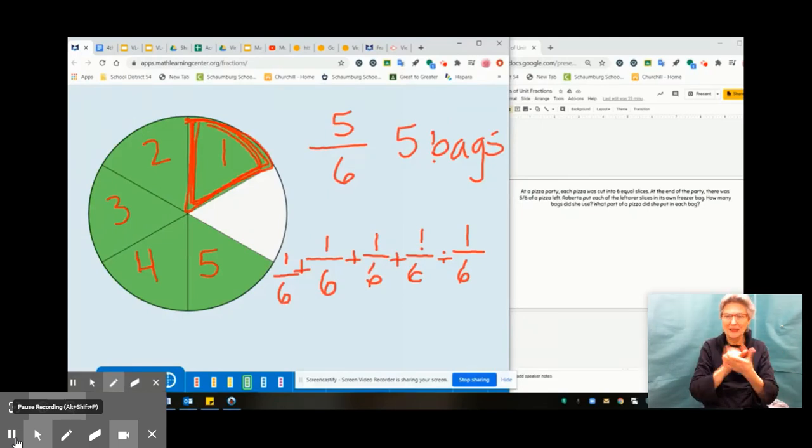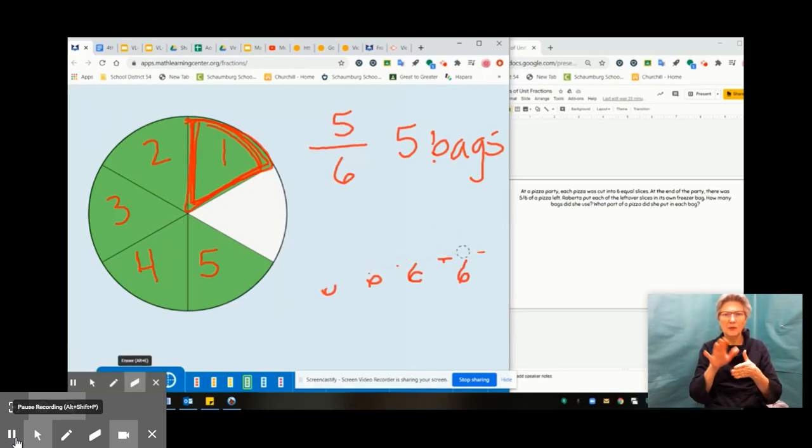I can also write this addition sentence using multiplication, right? Think about when we did our multiplication chapter. We know that multiplication is repeated addition. So I'm going to erase this just so I have some space here, and I'm going to write this same equation using multiplication.